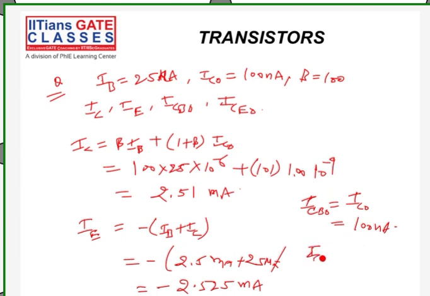And next is ICEO, 1 plus beta times IC, and 0.01.